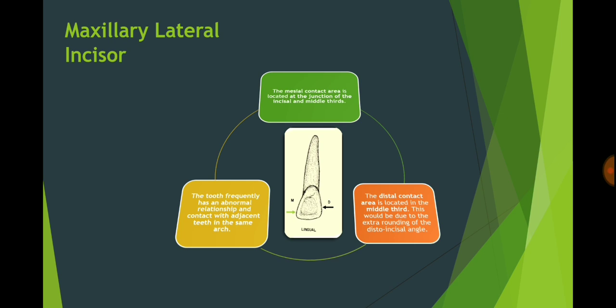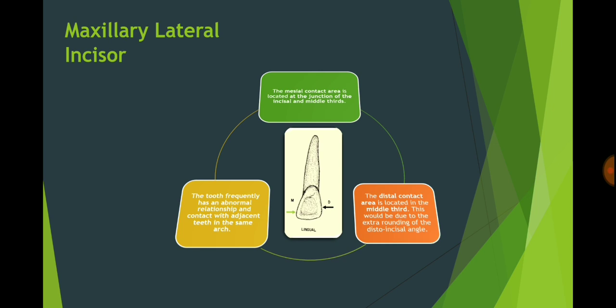That's a rule according to the curve of Spee. So if here in the green box it says the mesial contact area of the maxillary lateral incisor is found at the junction of the incisor and middle thirds, it means that the distal contact area is going to be a little bit lower. Okay?